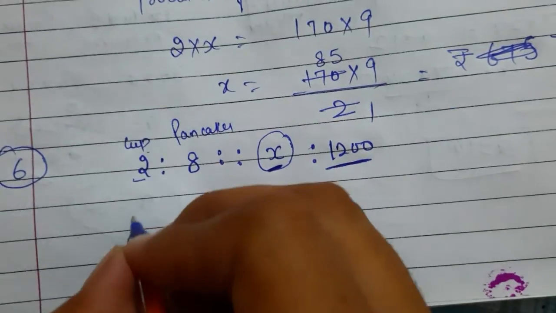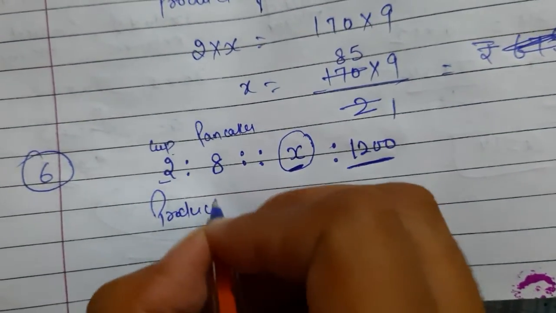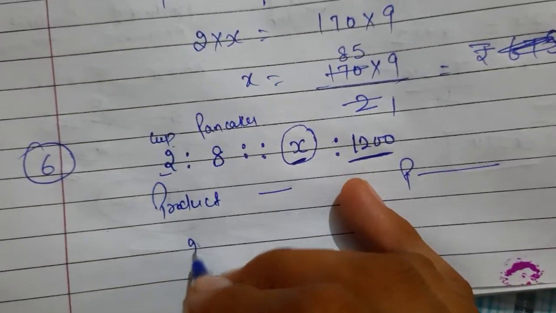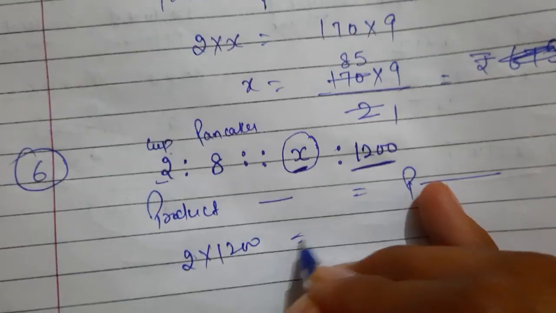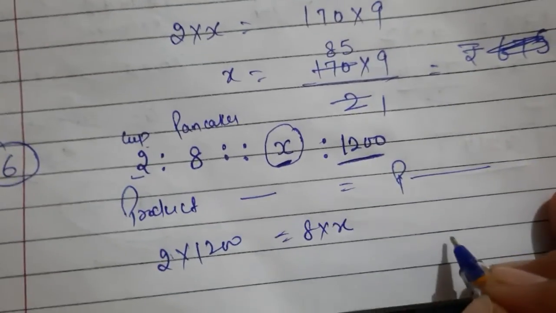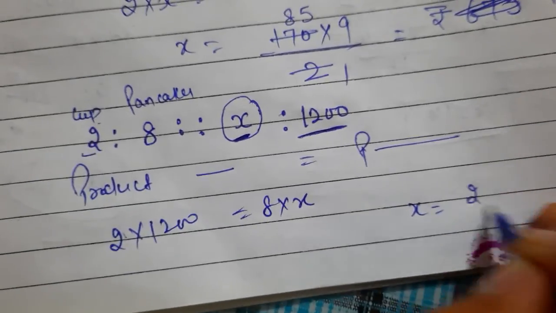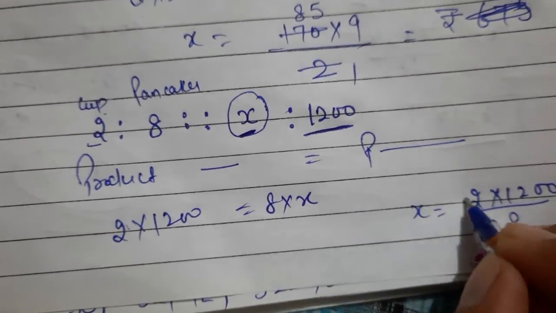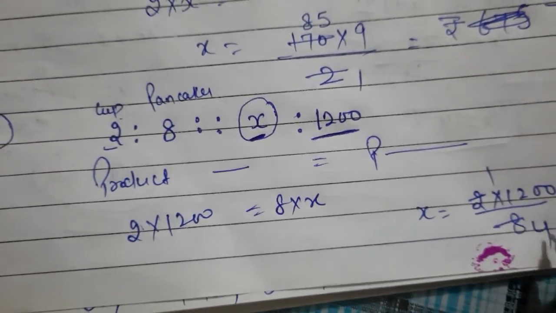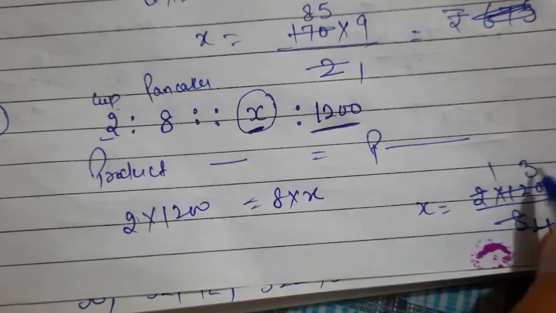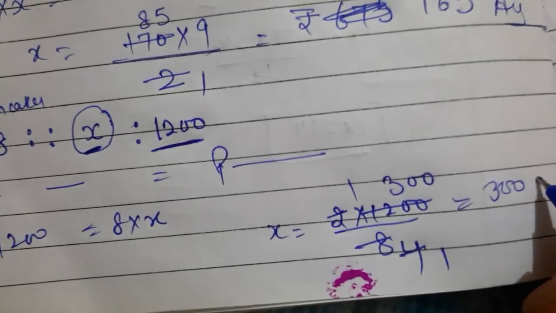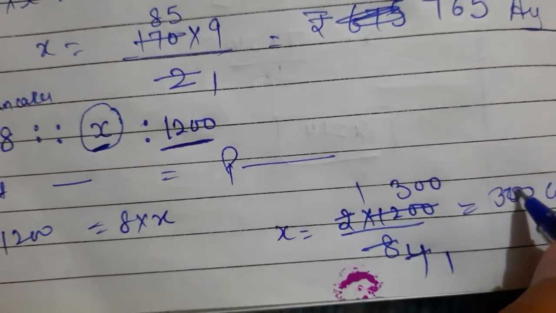After that you can do product of extremes equal to product of means. 2 multiplied by 1200 is equal to 8 multiplied by x. So x is equal to 2 into 1200 by 8. 2 ones are 2, 2 fours are 8, 4 ones are 4, 4 threes are 12. So she needs 300 cups for making pancakes.